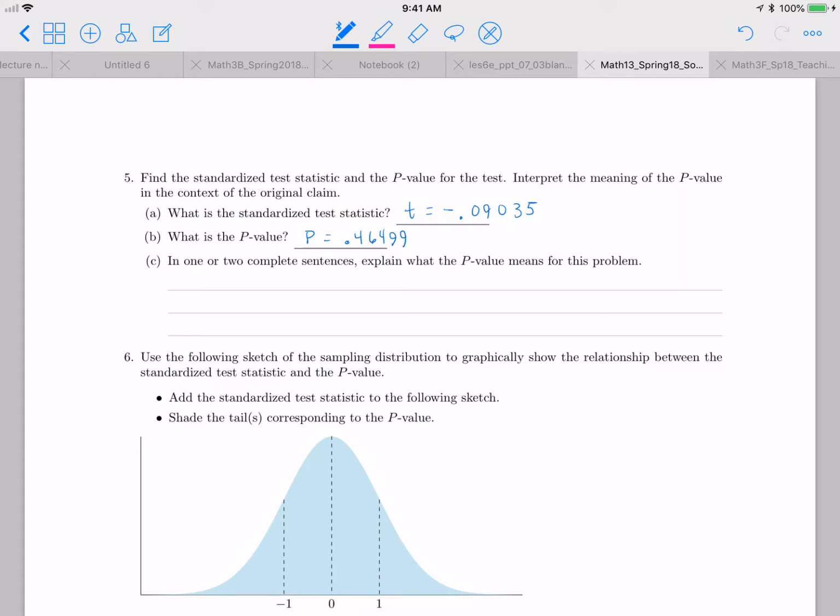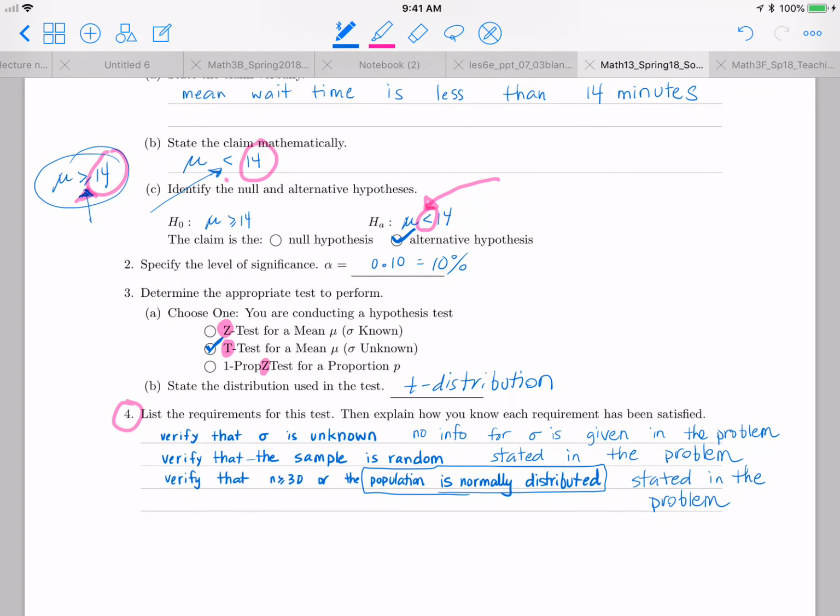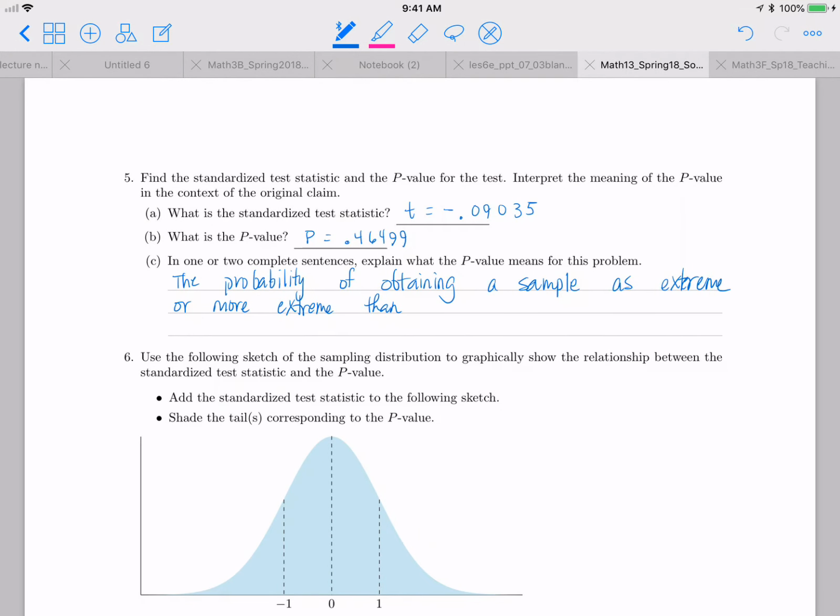So the probability of obtaining a sample as extreme or more extreme than, because what did we obtain? We obtained a sample mean, right?